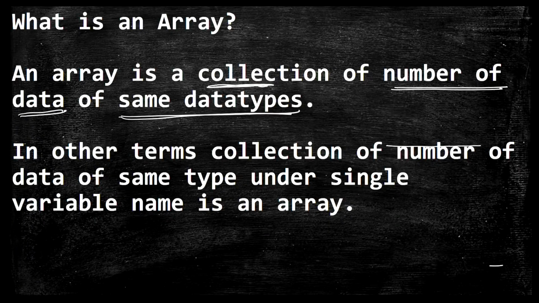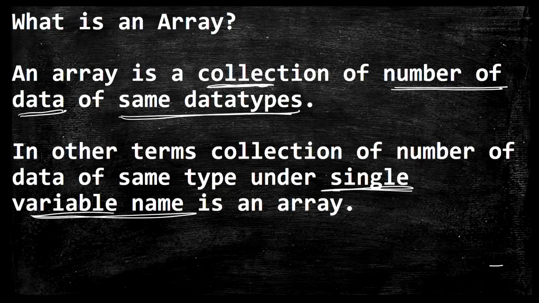So you can call array a collection of multiple data of similar data types. Here it also says, in other terms, a collection of number of data of same type under a single variable name.